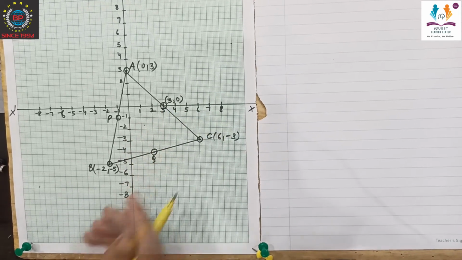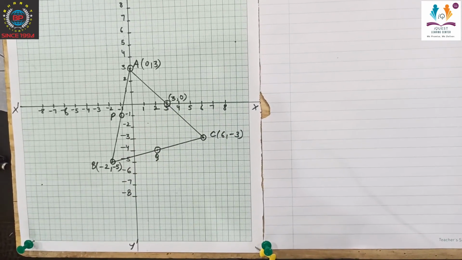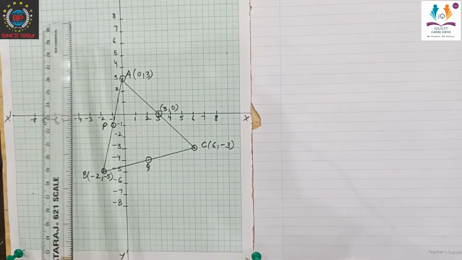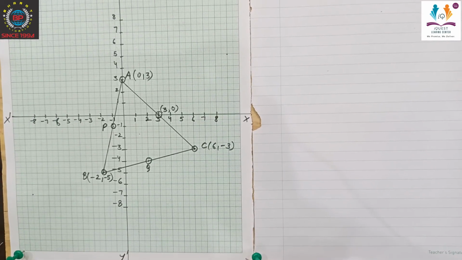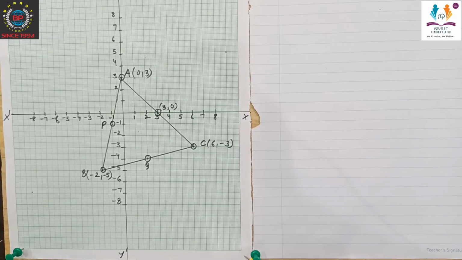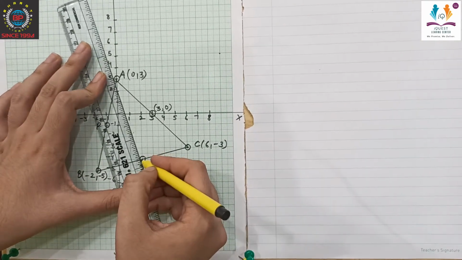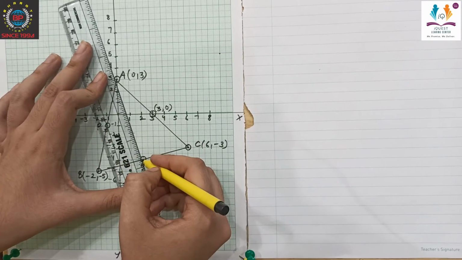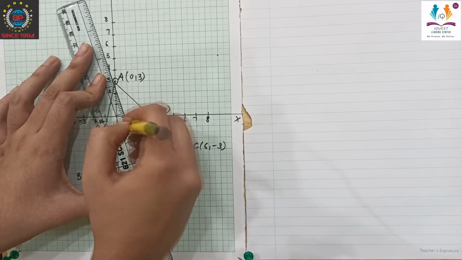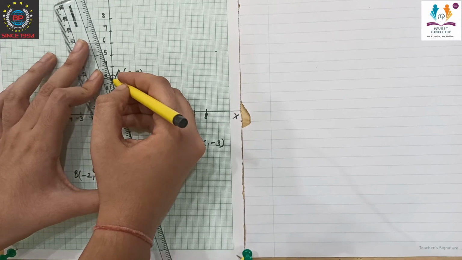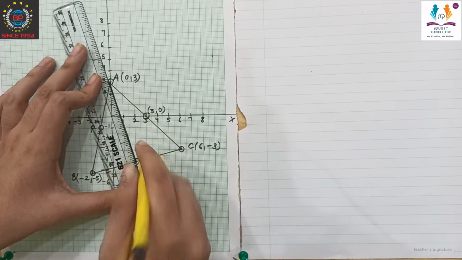So now these P, Q and R are the midpoints of the respective sides. Now I am going to join this midpoint to the opposite side. This is the median.